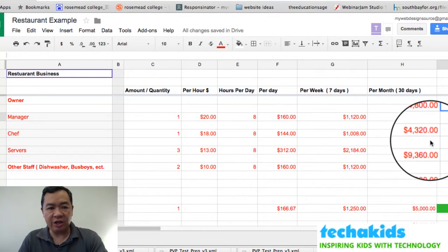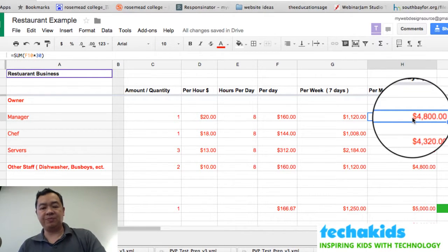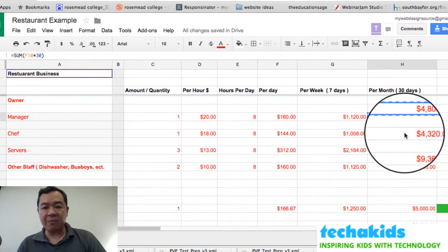Now the trick here in Excel or Google Sheets is this calculation. You can actually copy and paste. You can press Command C or Control C, or right click and copy. That copies the calculation, and it's a shortcut to calculating the other parts.